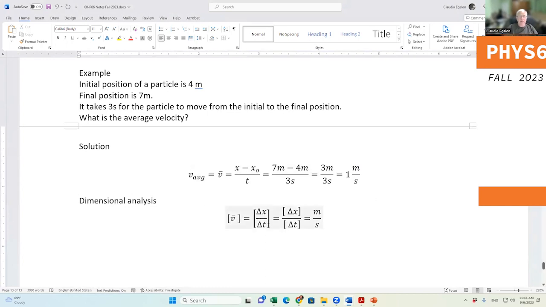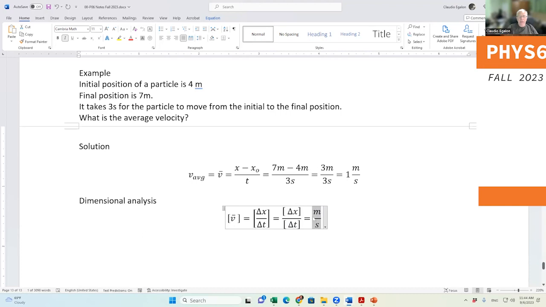Average velocity is delta x over delta t. The unit of average velocity is the unit of delta x over delta t, which can be written as the unit of delta x divided by the unit of delta t. And here you go. Here's the unit.